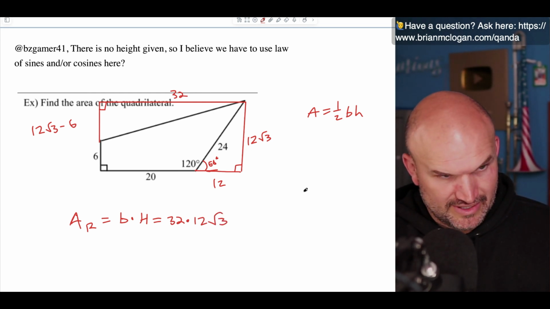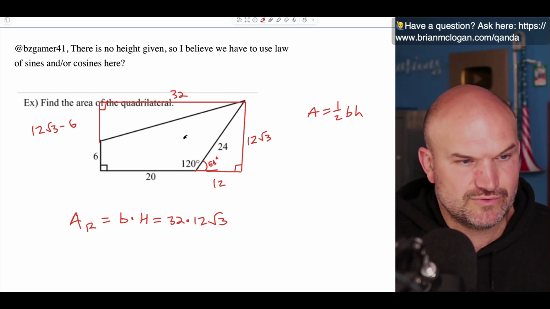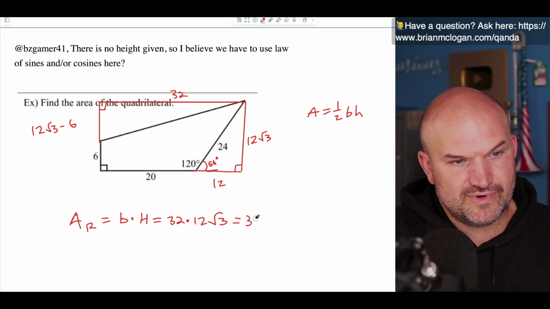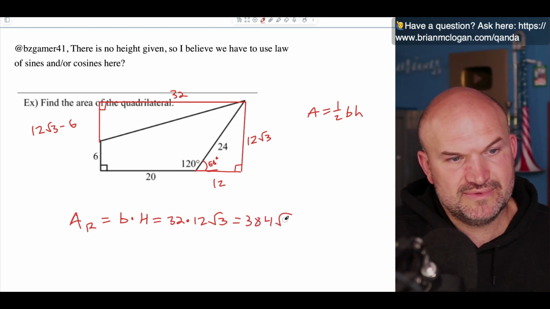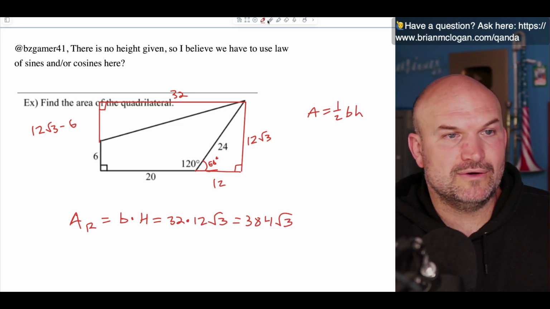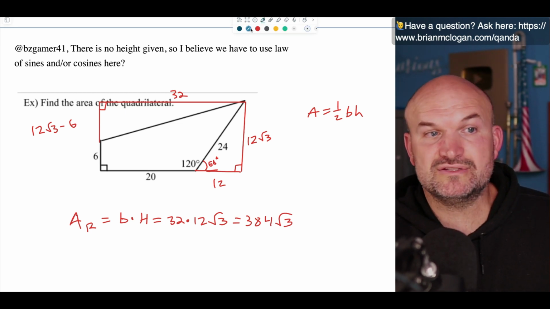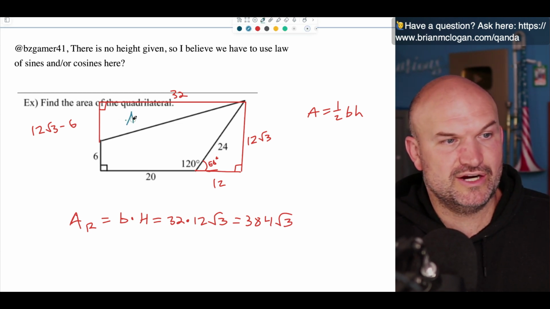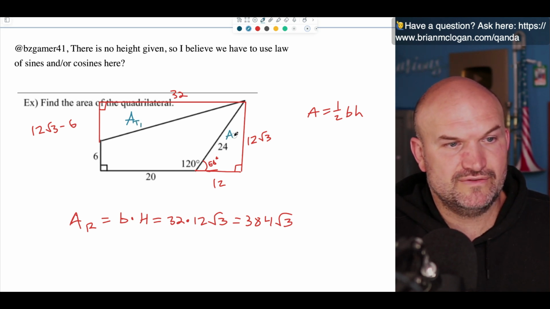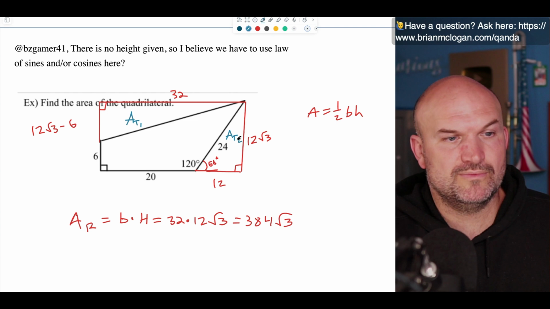I don't want to rewrite that, so I'll do 32 times 12 and leave the square root of 3 off to the side. That gives me 384 times the square root of 3. Now let's find the area of the two triangles and then subtract them.